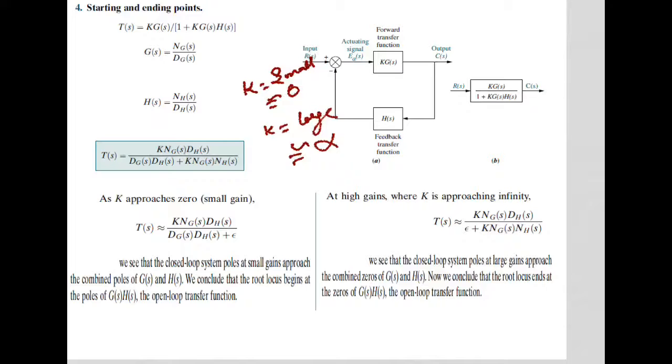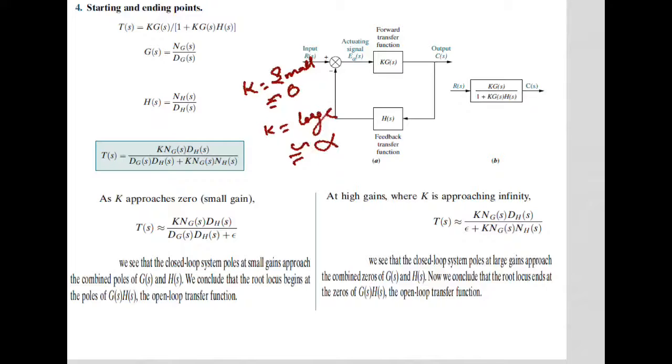From this we see that the closed loop poles at small gain approach the combined poles of G(s) and H(s). Here D_G and D_H are the poles of G(s) and H(s). So the closed loop system poles, if the gain k is small, approach the combined poles of D_G and D_H.